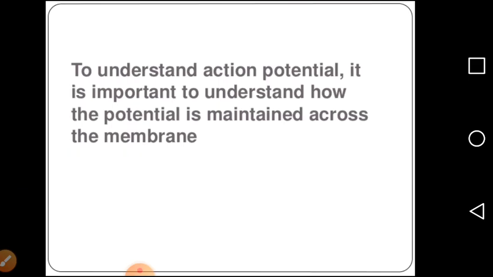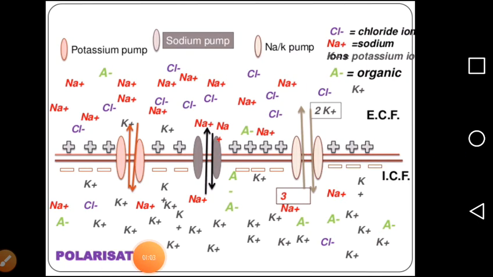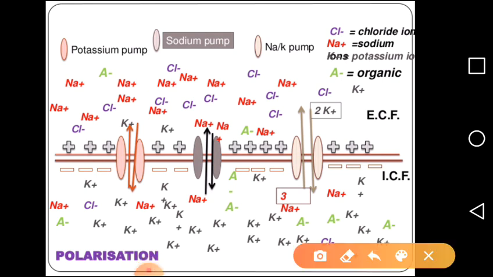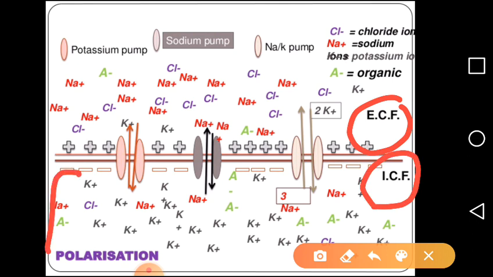To understand action potential, it is important to understand how the potential is maintained across the membrane. Okay, so you can see that this is ECF, extracellular fluid, and this is ICF, intracellular fluid, or inside the cell. This part is inside the cell and this other part is outside the cell.